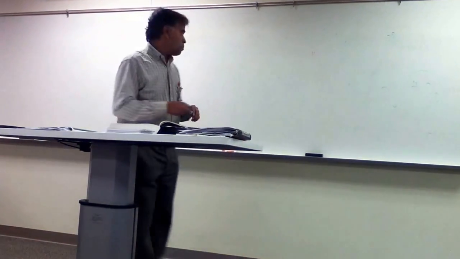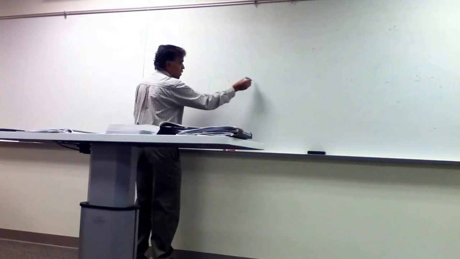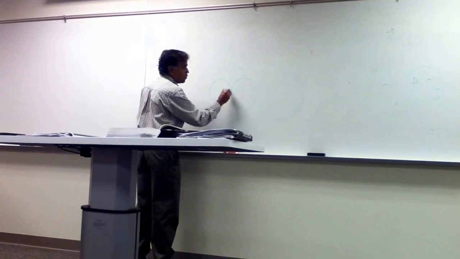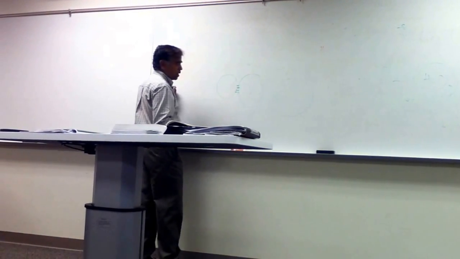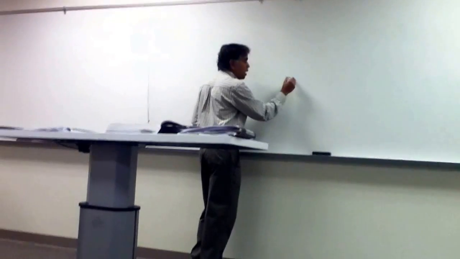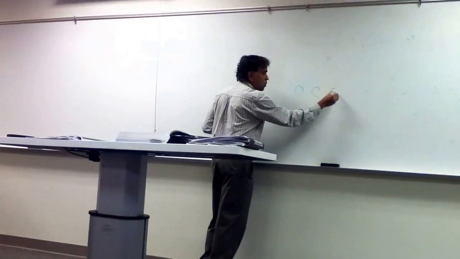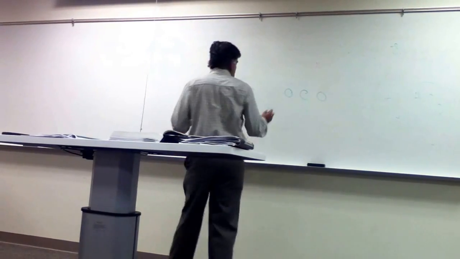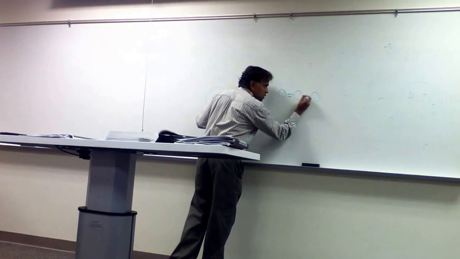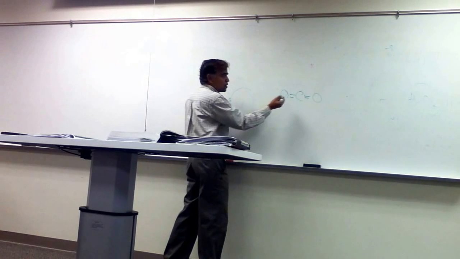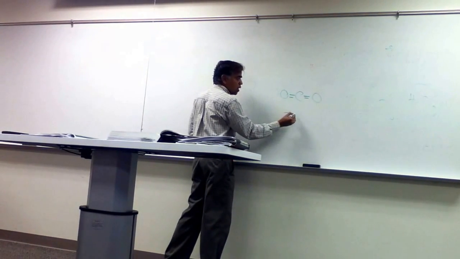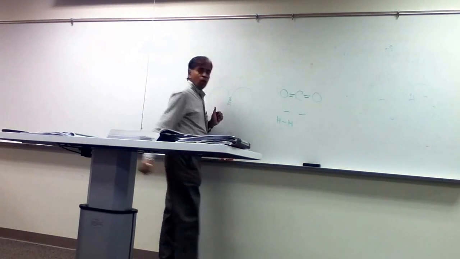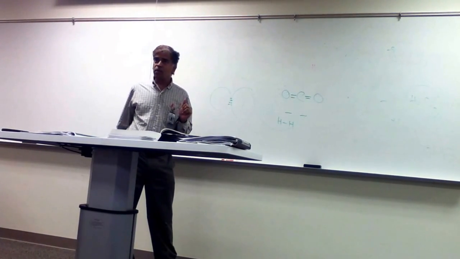Depending on the number of electron pairs being shared between two atoms in the outermost shell, whether one pair, two pairs or three pairs, they normally denote it like this. You have an oxygen here and a carbon here, sharing two pairs of electrons on either side. They denote this by two lines, so they call it a double bond. In some cases you will have only one, like hydrogen and hydrogen, one pair of electrons being shared.